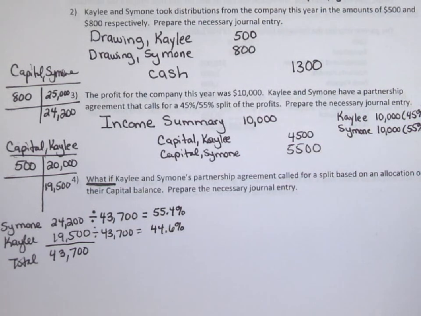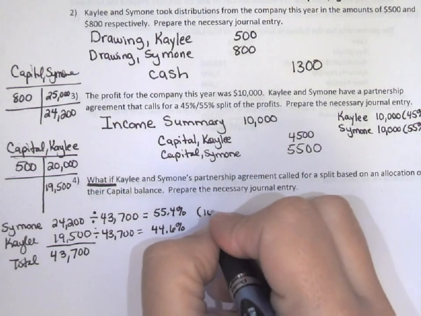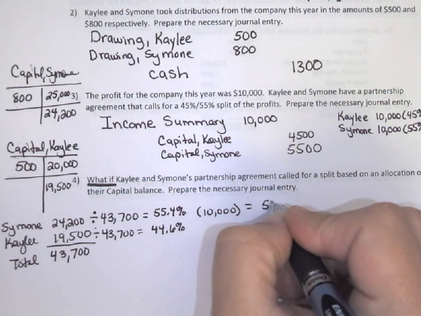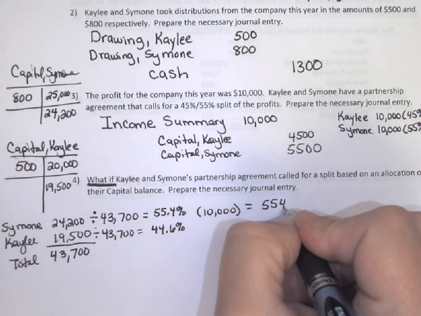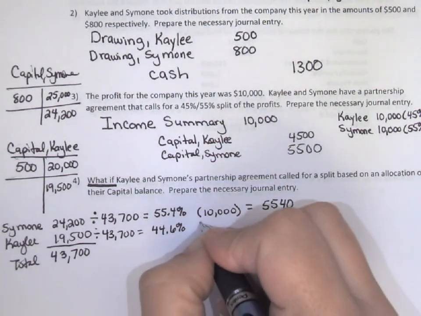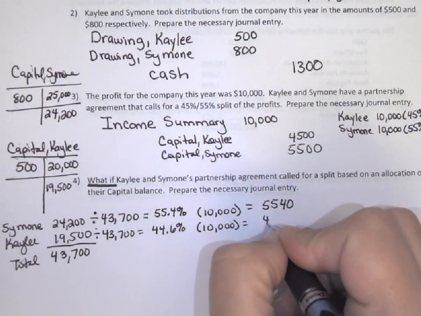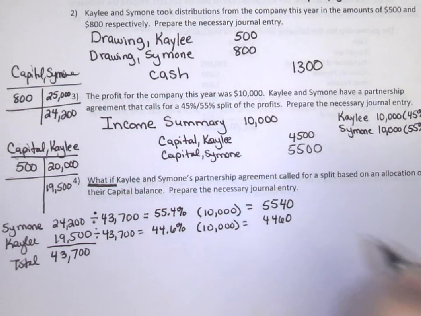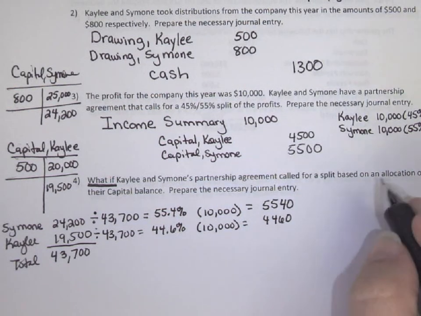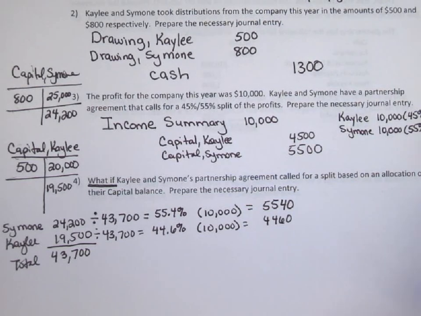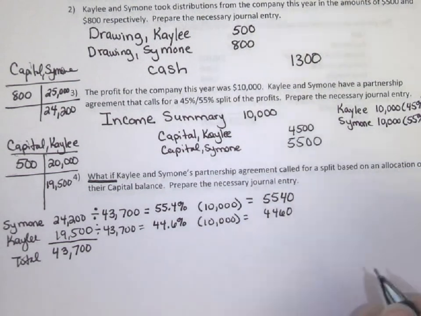So if we want to know how much of this $10,000 profit belongs to each of them, we would just take their percentage and multiply that by the $10,000, and we would get $5,540 for Simone. When we do the same thing for Kaylee, we would end up with $4,460. So these would be the amounts that would be allocated towards their capital accounts with the journal entry.